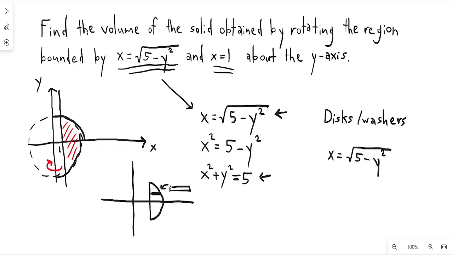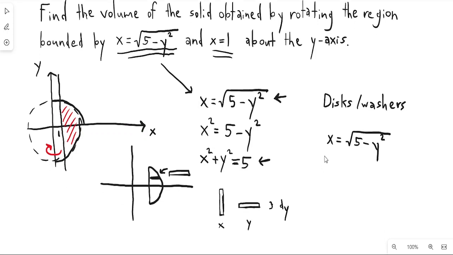So if I'm integrating with respect to x, then I'm always taking vertical slices of something and adding those up. But if I'm integrating with respect to y, I'm taking horizontal slices, and this little piece here is my dy, right?